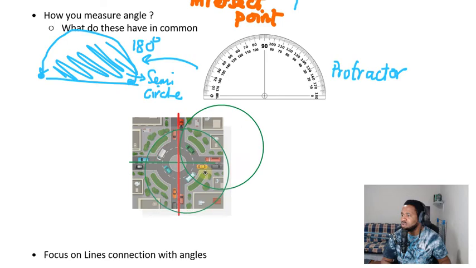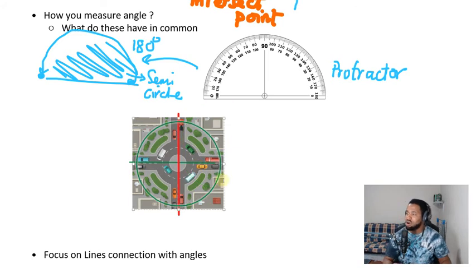Perfect. You can actually measure all these spaces that are made from one line side to the other line side by using a protractor.